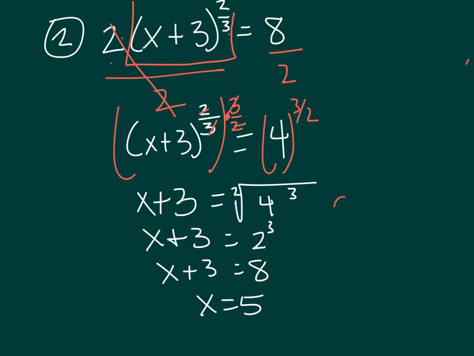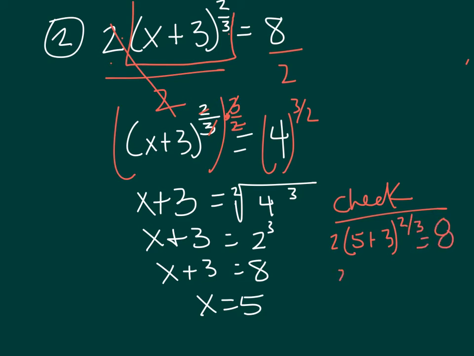So we want to go ahead and check that. 2 times 5 plus 3 raised to the 2/3 equals 8. So we have 8 to the 2/3 equals 8.